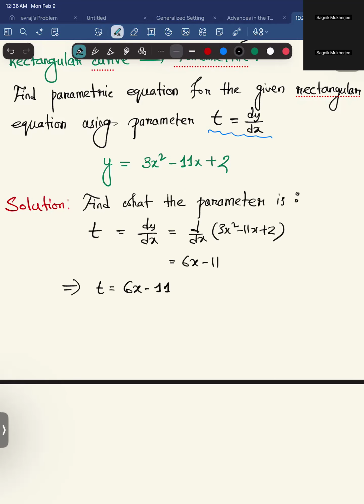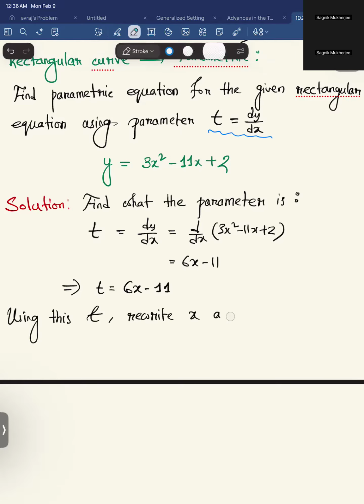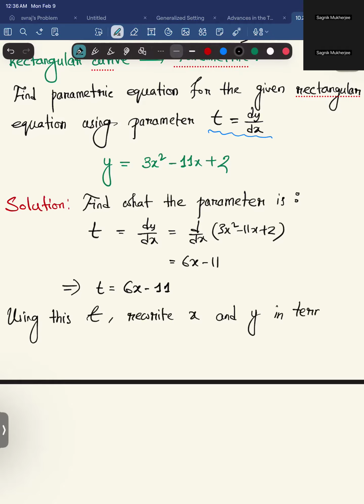With respect to this parameter t, so using this t, rewrite x and y in terms of t.